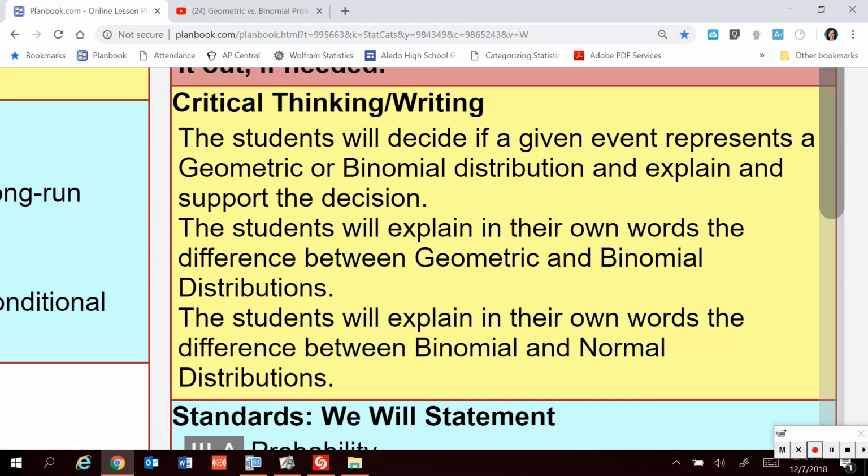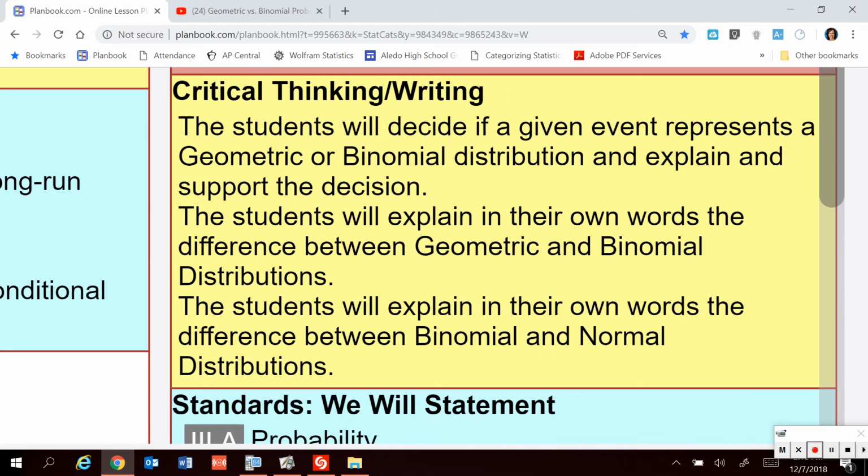Okay, so I want to give you a heads up on what I want you to think about as we go through the lesson. One thing is, when you first read a problem, I want you to decide if it's geometric or binomial, which we're learning about today.